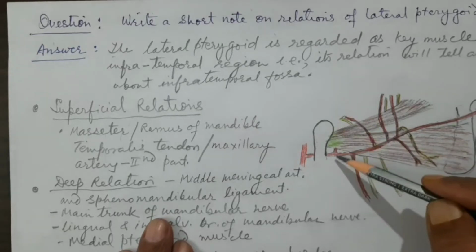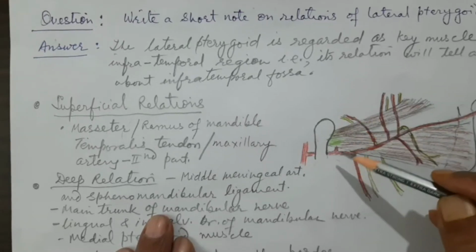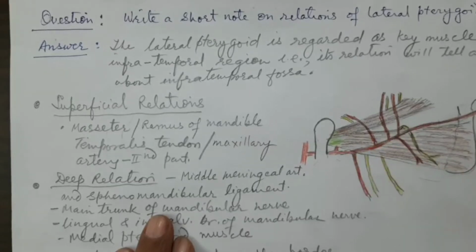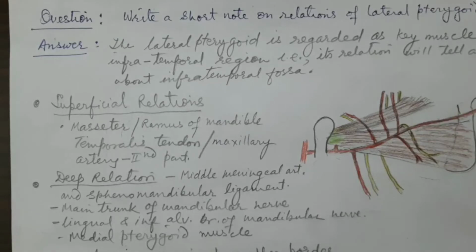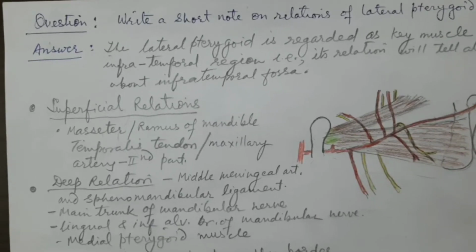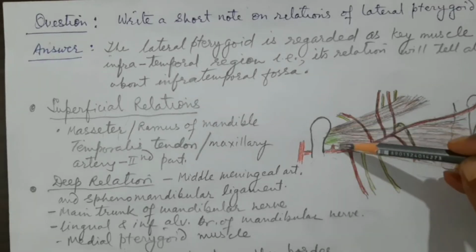Then, just deep to this middle meningeal artery, though I have not shown it in this diagram, is the sphenomandibular ligament. So the middle meningeal artery and the sphenomandibular ligament are the deep relations close to the neck of the mandible. Then there comes the main trunk of the mandibular nerve, which will lie deep to it.